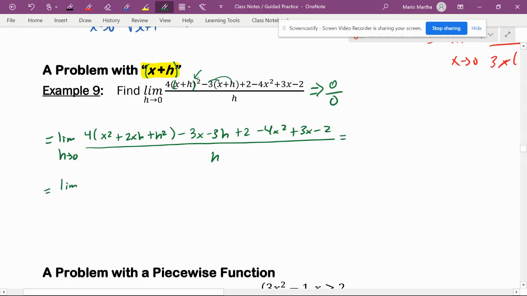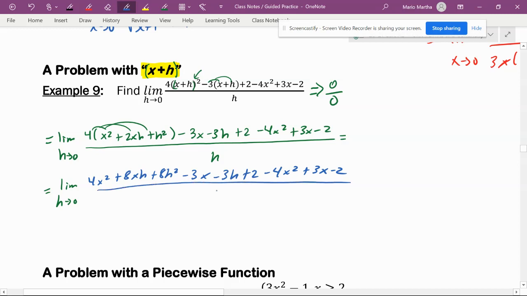Now we're looking at the limit as h approaches 0. Distributive property here into all of these. So that's going to give us 4x squared plus 8xh plus 8h squared minus 3x minus 3h, plus 2 minus 4x squared plus 3x minus 2, all over h.